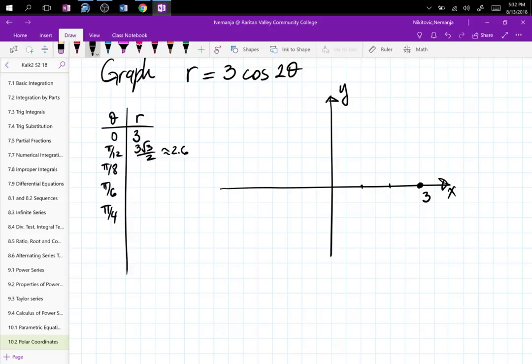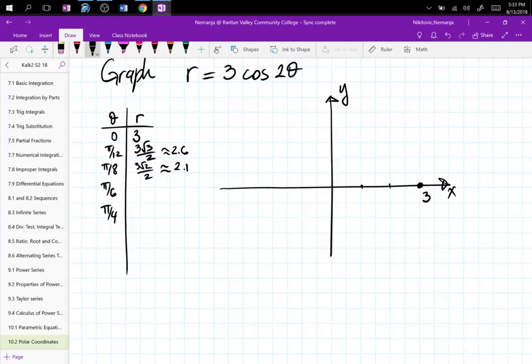So now, the next order of business is pi over 8. When I plug in, it becomes pi over 4. That's root 2 over 2. So 3 root 2 over 2 gives me about 2.12, so 2.1, it's fine.